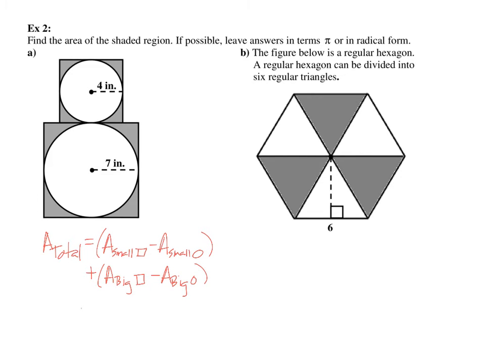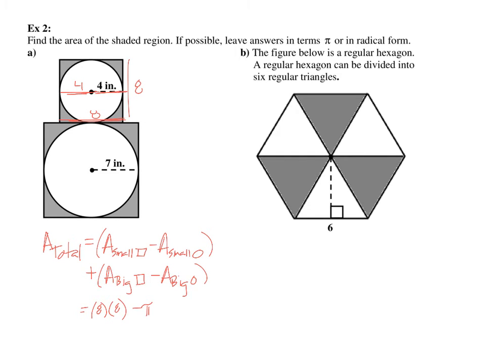All right. So now I have the small square. What's the area of it? Let's see here. This is 4, so that's 4, which makes this whole thing 8, which makes this 8. So I'm going to have 8 times 8 for the small square minus pi r squared.